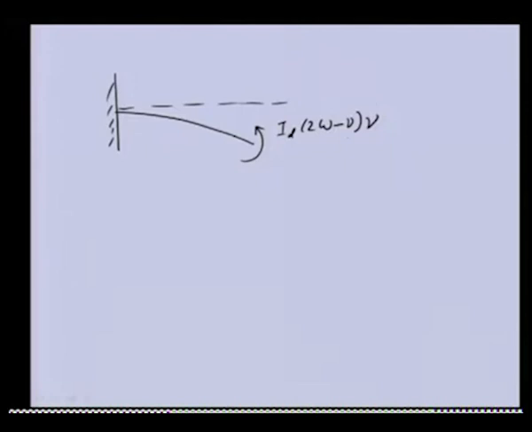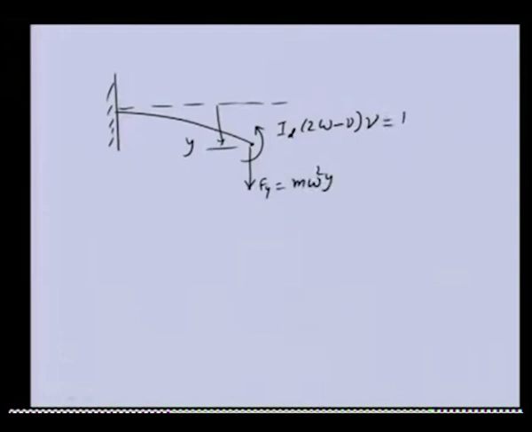And we have seen earlier, because of the linear motion, that means displacement y, we had a net resultant centrifugal force Fy that was acting downward.